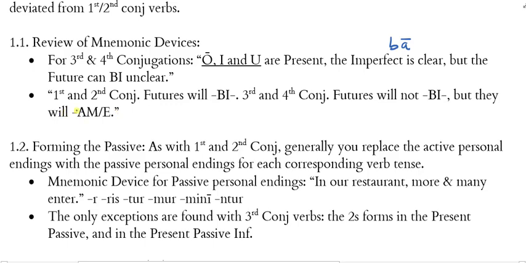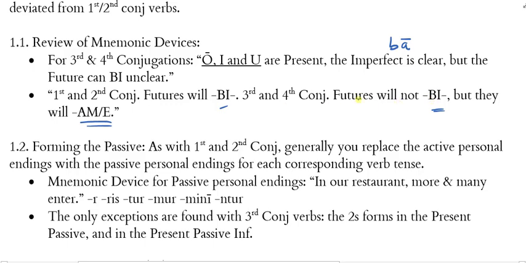Our second memory device was this: first and second conjugation futures will be. Third and fourth conjugation futures will not be, but they will e. And that rhymes, right?